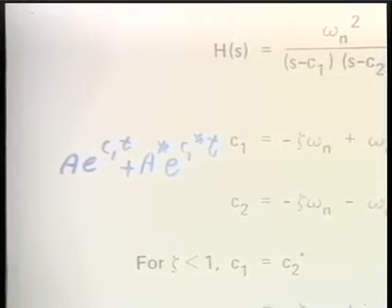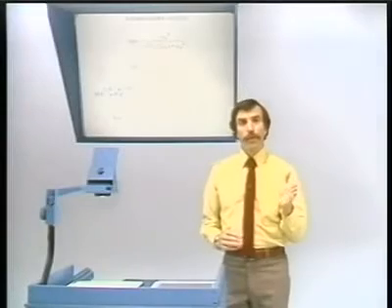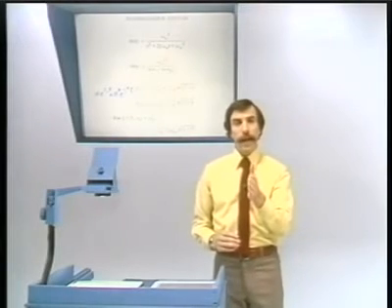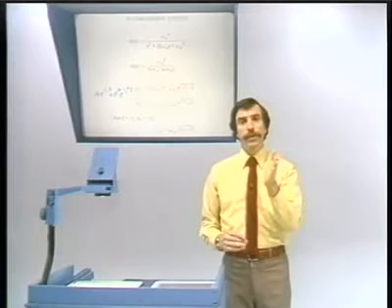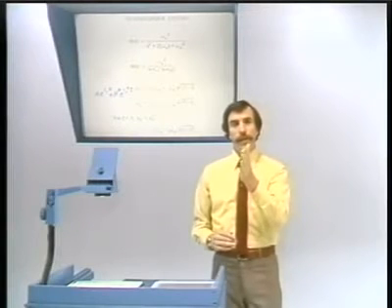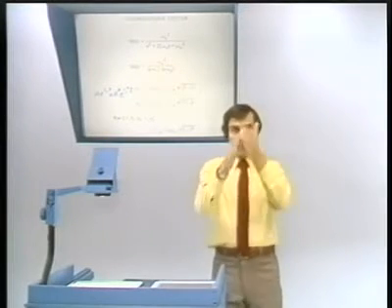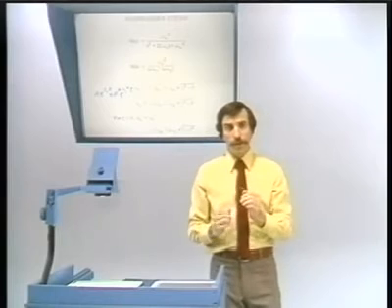And so, as the poles get closer to the j omega axis, corresponding to zeta getting smaller, in the frequency domain, the resonances get sharper.